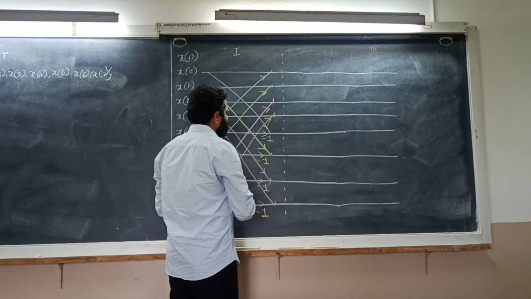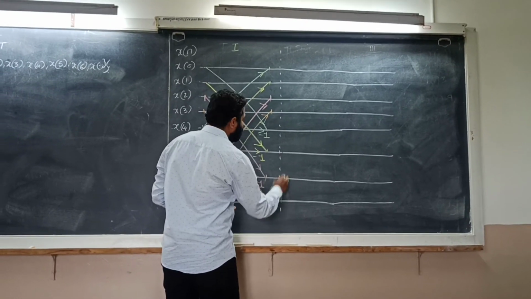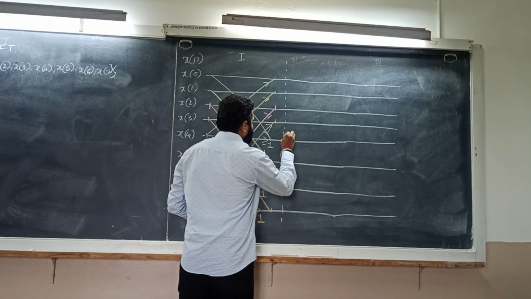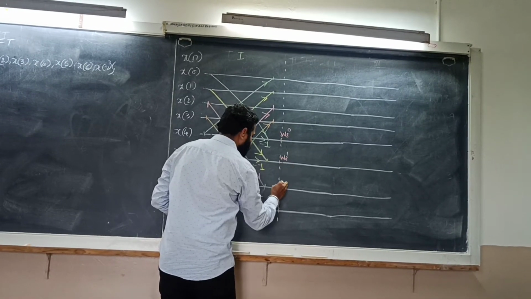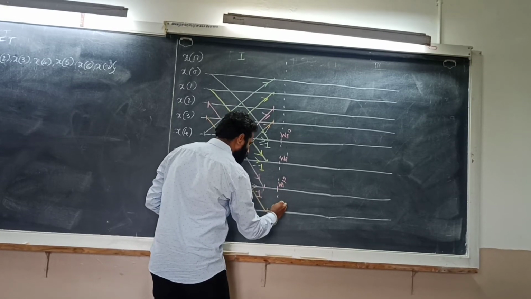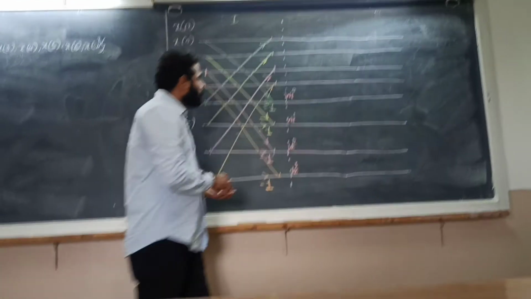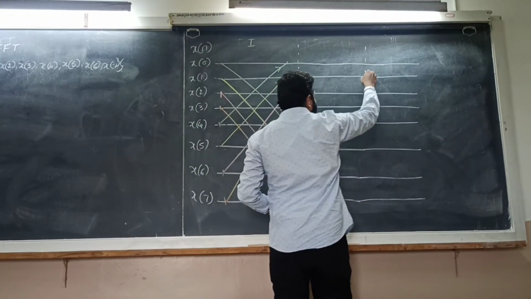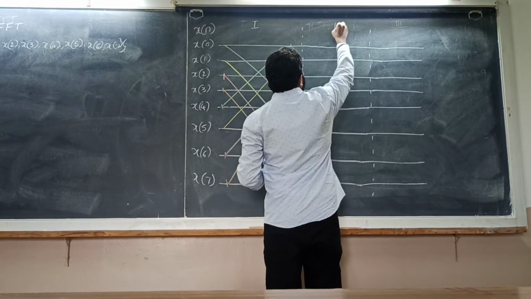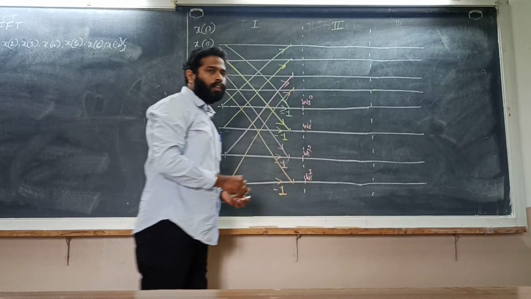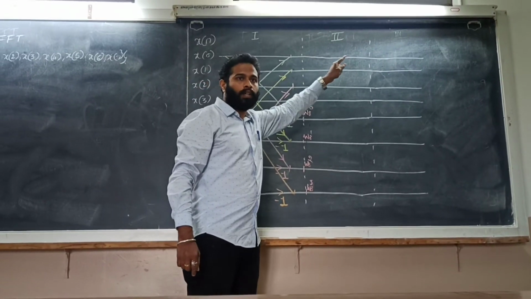So here we multiply by 1, 2, 3 and 4: W8 raised to 0, 1, 2, 3. This is stage second.